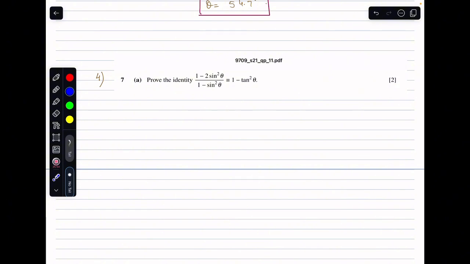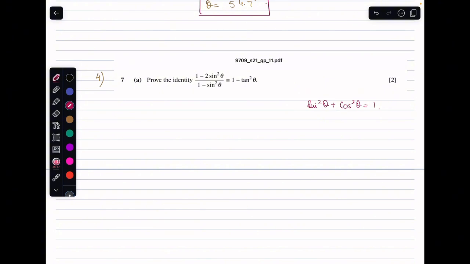And then tan theta is equal to sine theta over cos theta. So let's first write down the identities that we shall be using. Number 1: sine square theta plus cos square theta equals 1. There are cases where 1 can be replaced by sine square theta plus cos square theta.